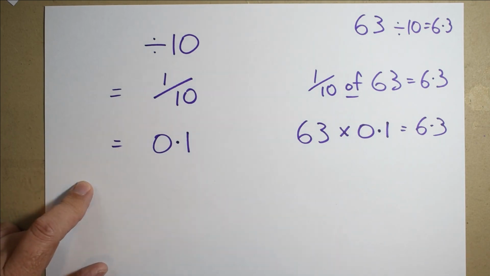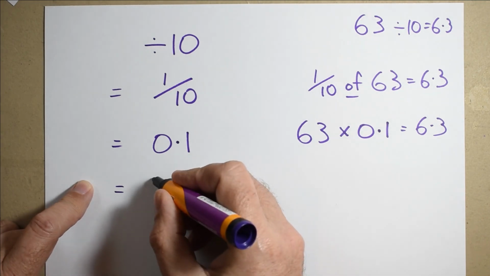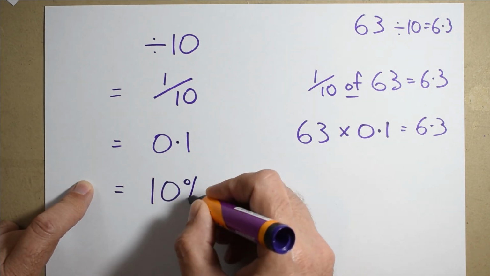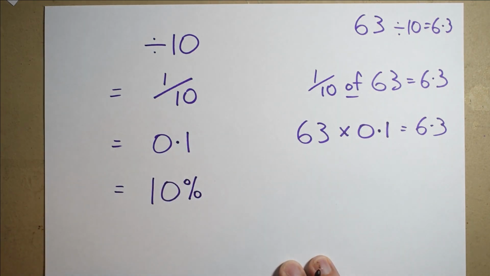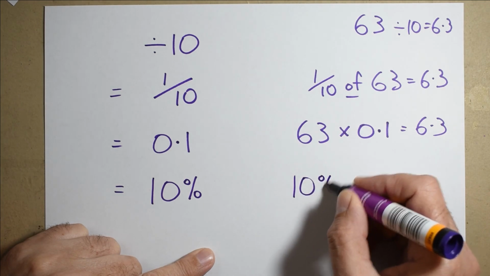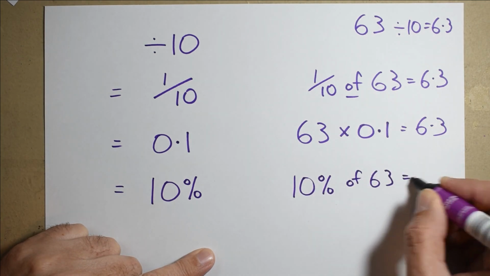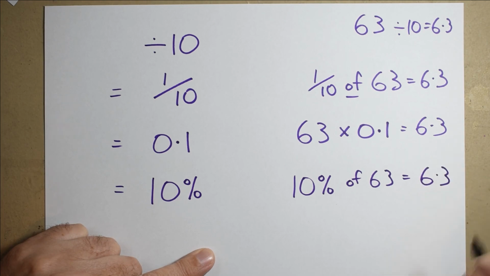Now, then is there another way to say it? Yes, you can. Sometimes we talk about things as percentages. So divided by 10 is the same as saying 10% of something. So I could also say 10% of 63 is 6.3.